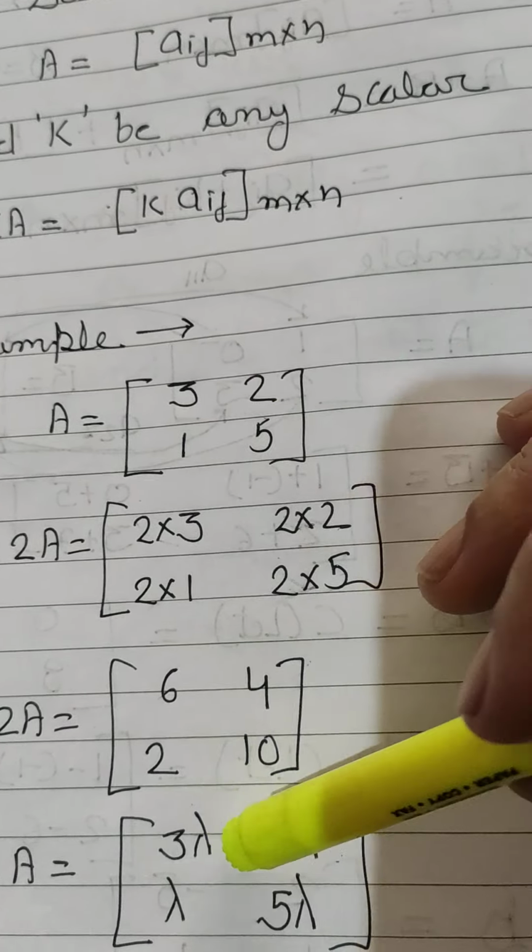It is always true, but in matrices, the product A multiplied by B is not always equal to the product B multiplied by A. That is, AB is not always equal to BA. In some cases it is equal. So here AB is possible, BA is not possible. In that case these matrices are not conformable, so the product is not defined.